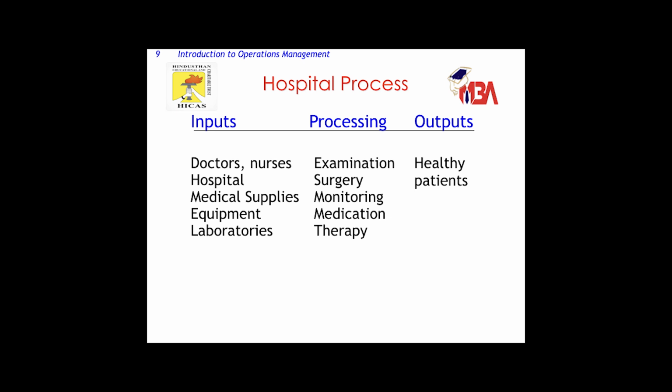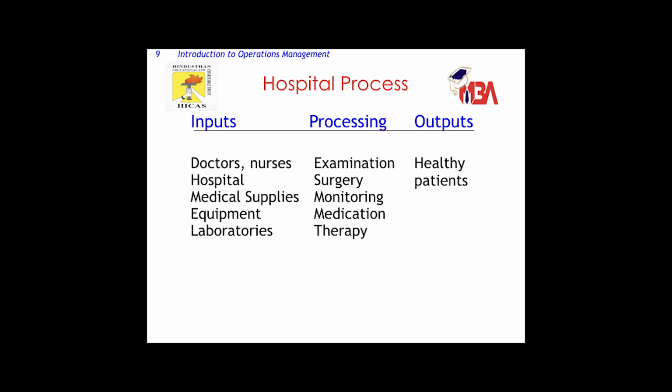In a hospital, the output is healthy patients. That is, anybody coming to the hospital for service, we require them to go out of the hospital as a cured, healthy patient. So that is the output. The inputs for the hospital are the infrastructure which is required, namely the equipment, laboratories, hospital medical supplies, doctors, nurses. So they are the inputs for the hospital process.